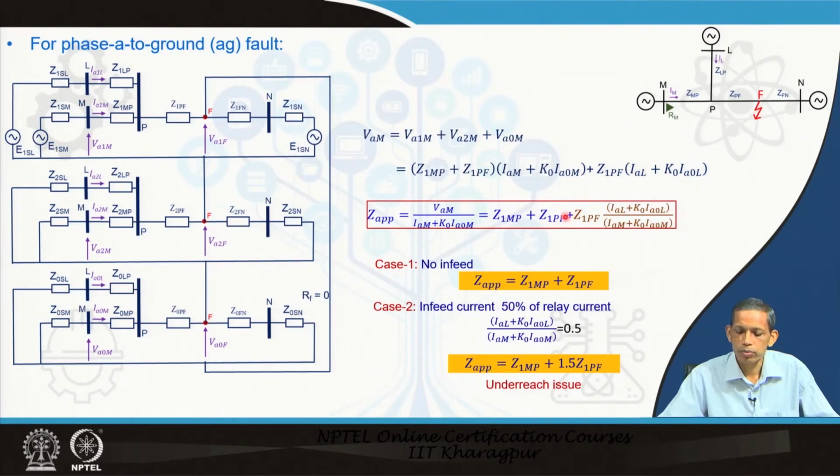This is the usual term we should get, Z1MP plus Z1PF up to this point, plus an additional term Z1PF times IL plus k naught I naught L upon Im plus k naught I naught m. So, we are dividing by this term.